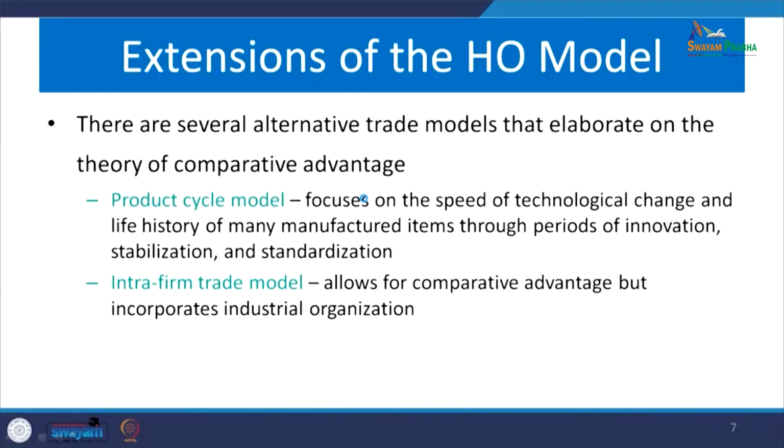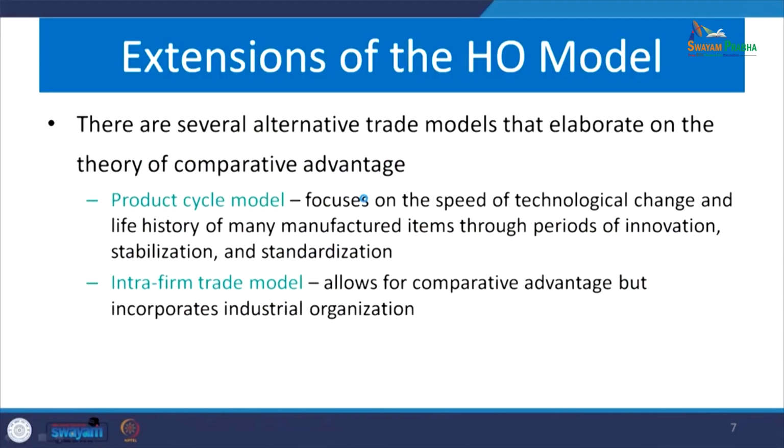Initially we said a country is going to specialize in some forms of products and keep on exporting, but that will not continue for a long term. We have also explained it might continue for the short term, medium term or long term. There are various models we studied in the last lecture which talked about its implications.